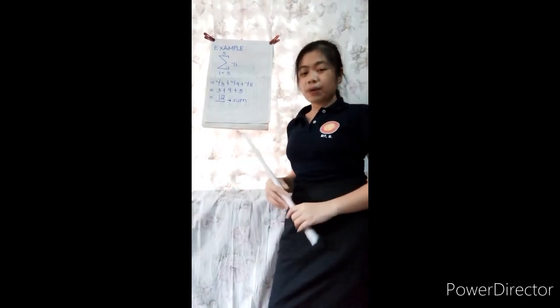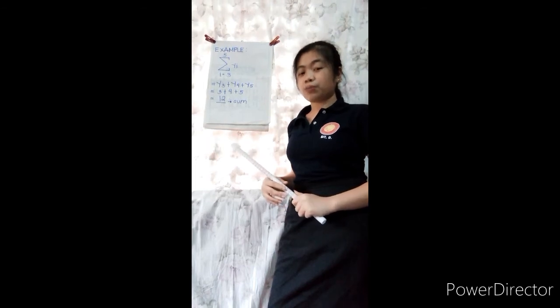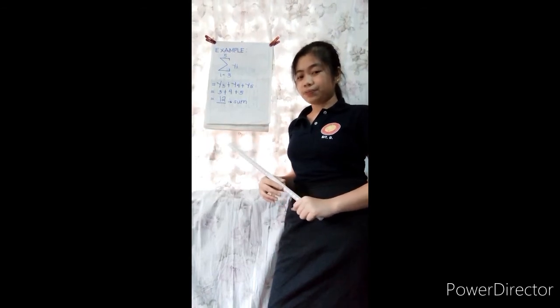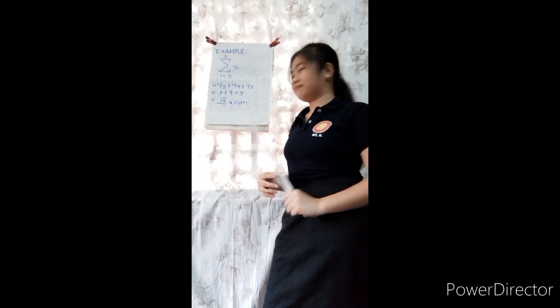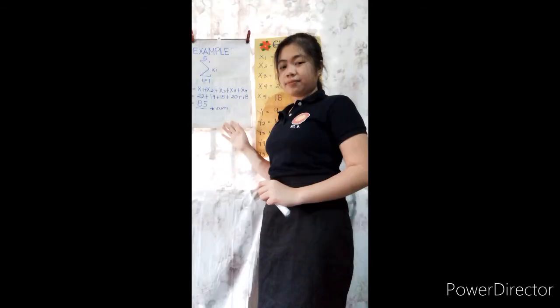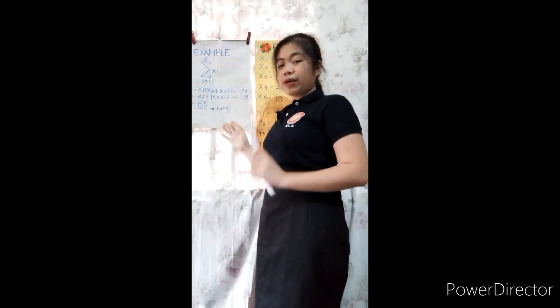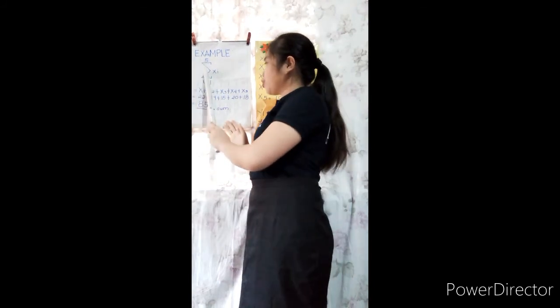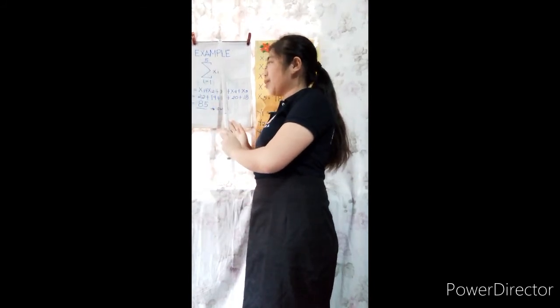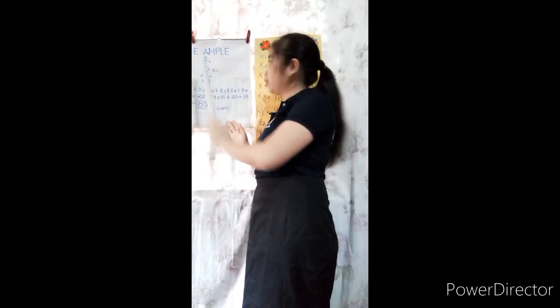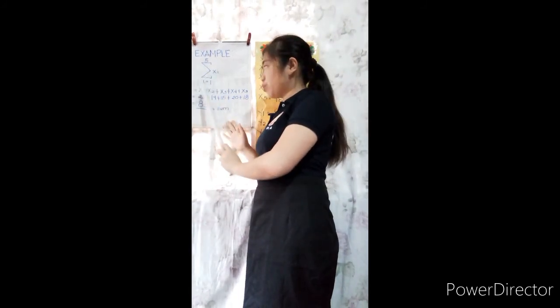How about kung ang aton nga x and y may value? How to solve it? Here is our example. Summation of x sub i where i ranges from 1 to 5. Since our first point is 1, masugod kita sa 1.